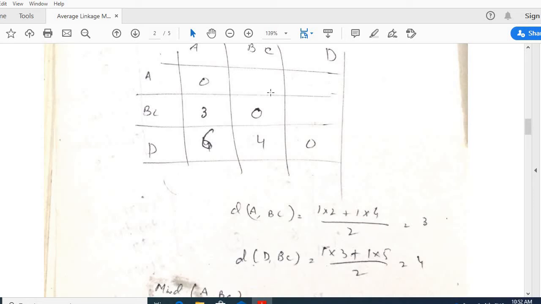The revised matrix of distances has become this. Now see further the minimum distance between two individuals, that is individual A and individual BC, which is equal to 3.